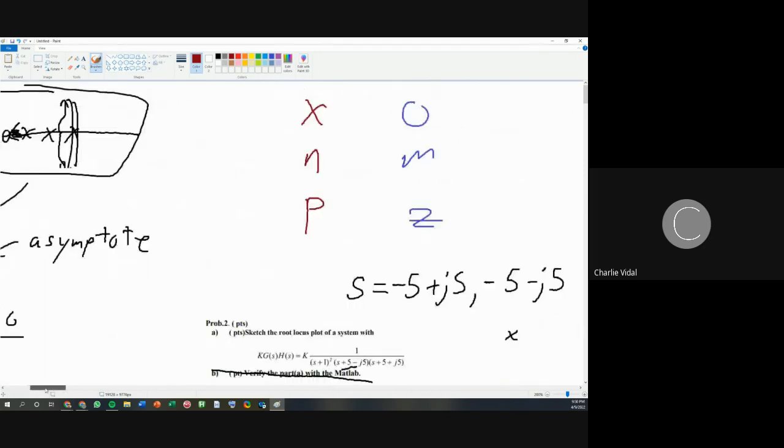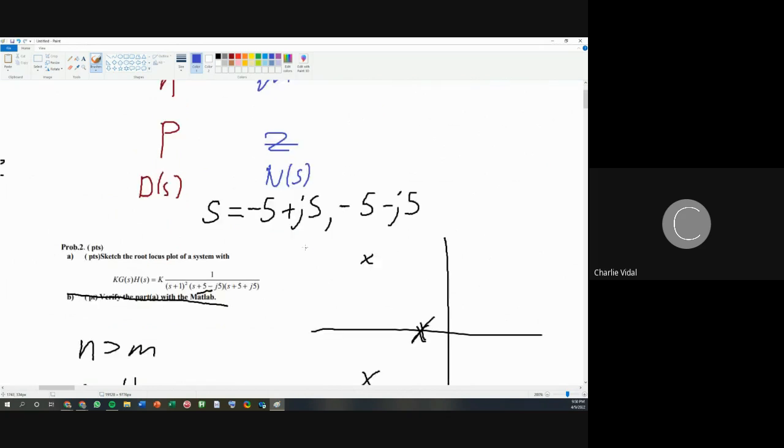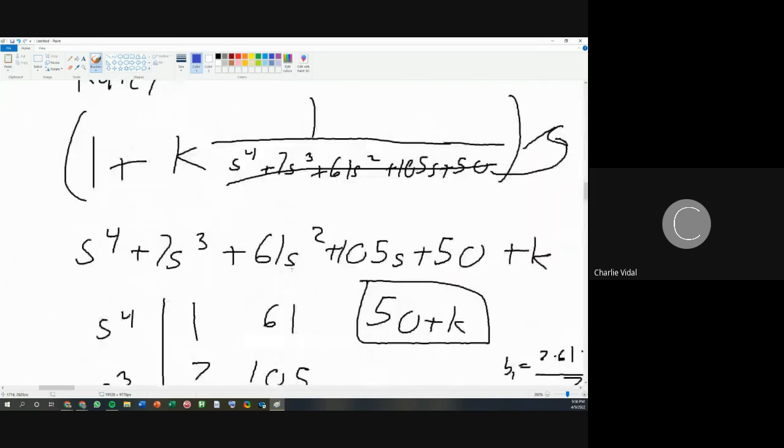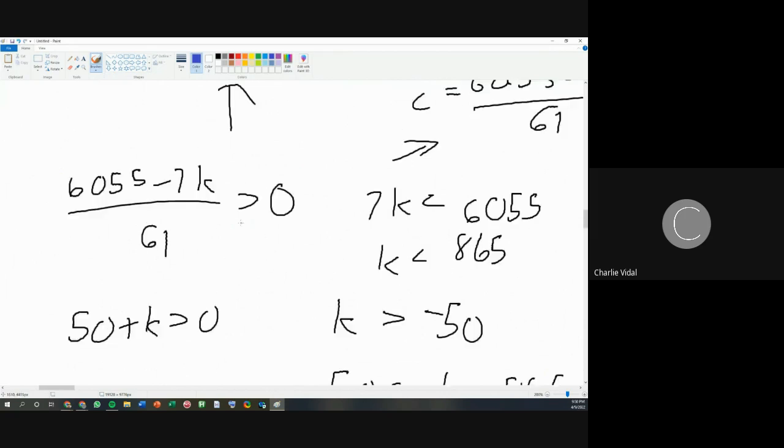Okay. So this is DS. And this is NS. This is also the most complicated out of all the rules. So that's why he might not put it on the quiz, why he didn't put it on the practice quiz. This is kind of complicated to do, not gonna lie. So this is NS and DS.